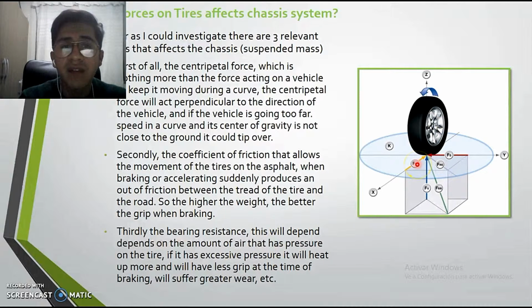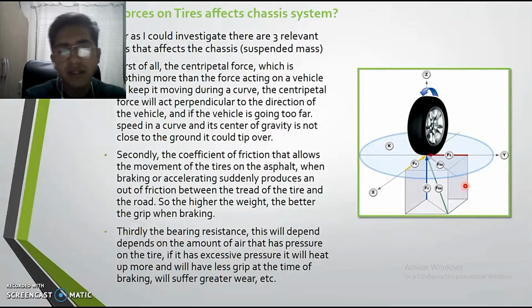First of all is the centripetal force, which is nothing more than a force acting on the vehicle to keep it moving right in a curve. The centripetal force acts perpendicular to the direction the vehicle is going, at speed in a curve, when its center of gravity is not close to the ground.